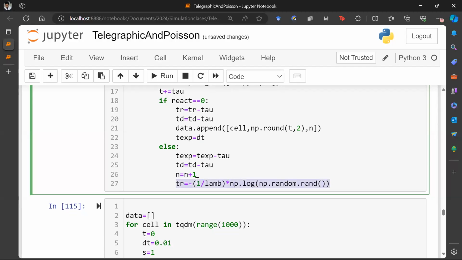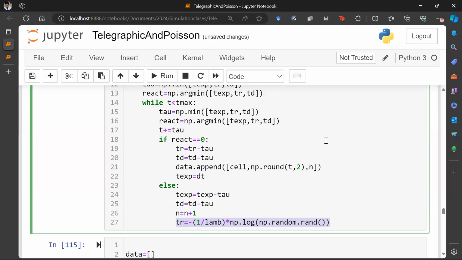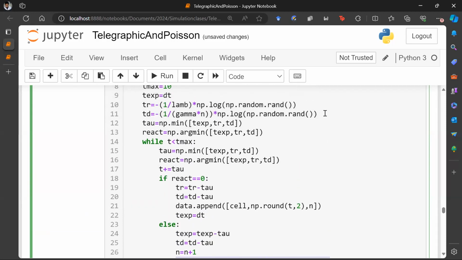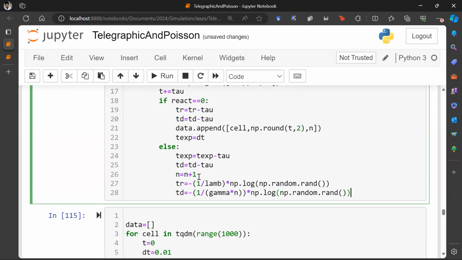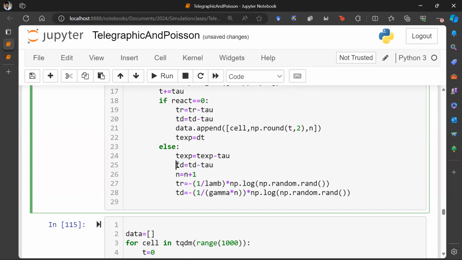If my propensity was the same, this would be correct, but now that my number changed, I have to calculate again a new time for degradation, because my number changed. Otherwise, I can keep this. So I'm going to comment this, but in the general case, it should work.